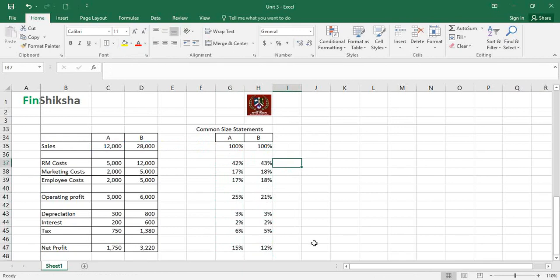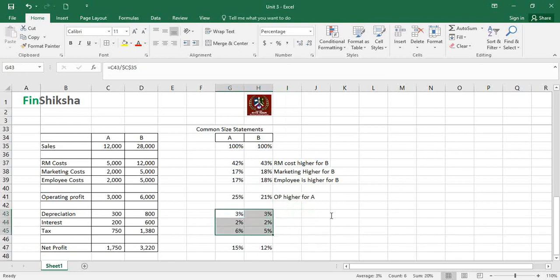based on the comparison. So raw material cost is higher for company B, marketing cost is higher for B, employee cost is also higher for B, correct? So obviously operating profit is higher for A. Then we find that depreciation is approximately 3%.